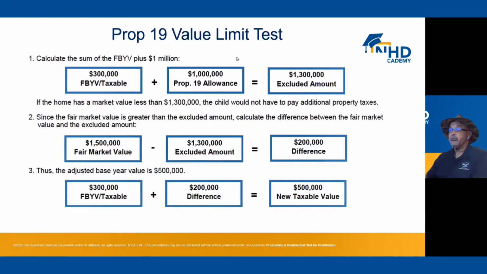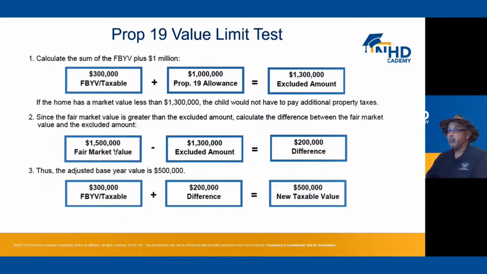And here's the value limit test for the parent-child or grandparent-grandchild transfer. You can see in this example here, the current assessed value of the property is $300,000. And if you add the $1 million, the excluded amount could be up to $1.3 million.